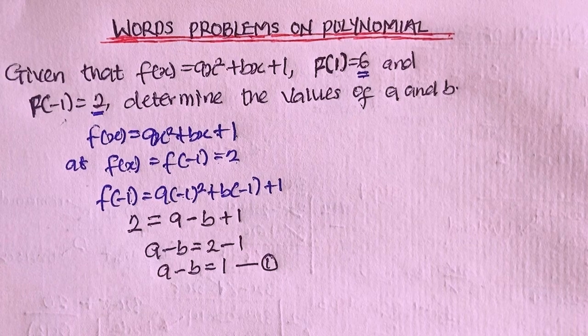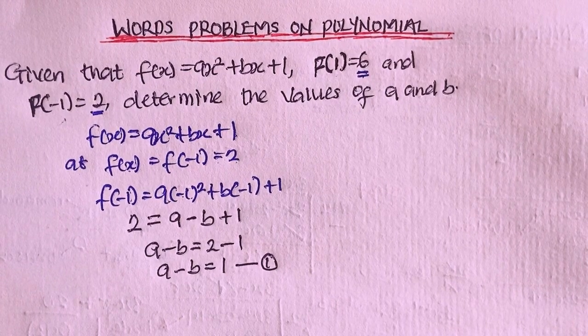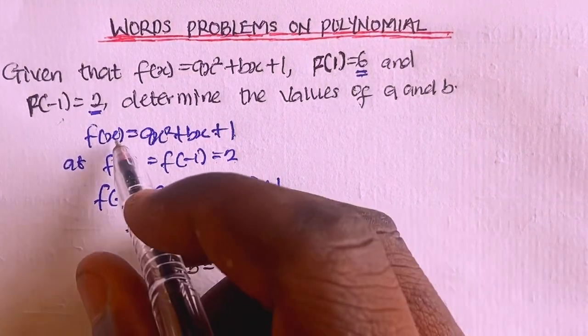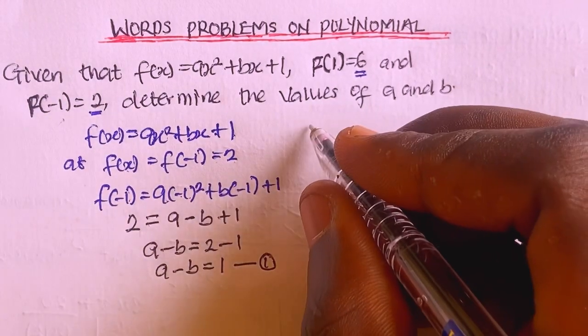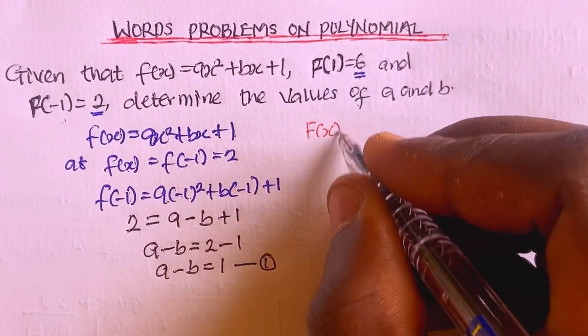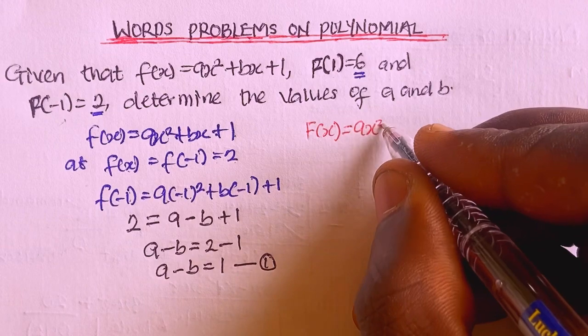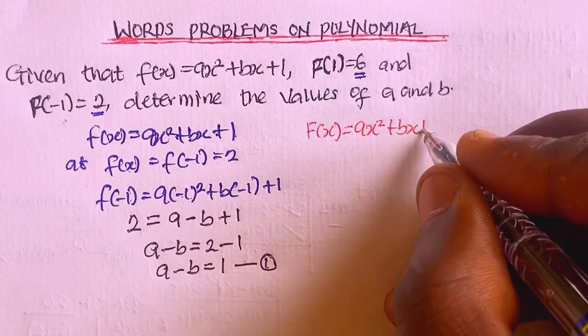The next thing we are going to do is come back to the function. f of x is equal to ax squared plus bx plus 1.